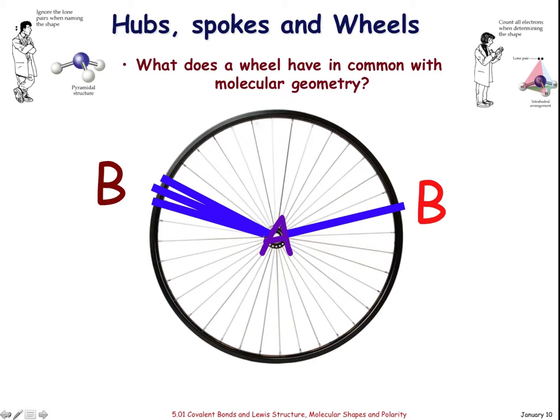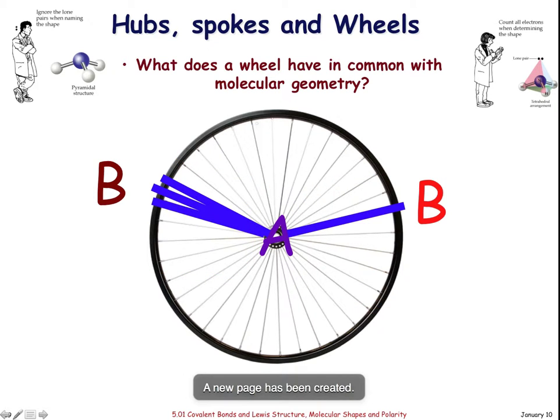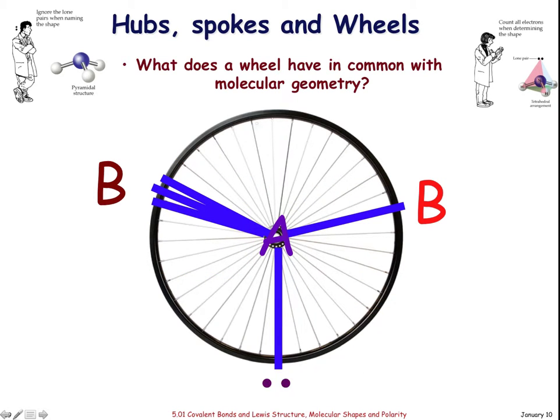So what you see right here are two regions of electron density. There's one region, two regions, albeit the second region here has a triple bond, but nevertheless it's two regions of electron density. And then if you have a lone pair, that also counts as a separate region.